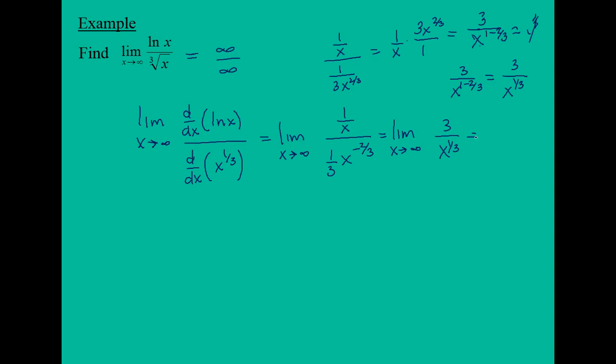So the denominator is getting larger, the numerator is staying constant, so this whole thing is going to go off to 0. So our conclusion is the limit of ln of x all over the cube root of x, as x goes off to infinity, equals 0.